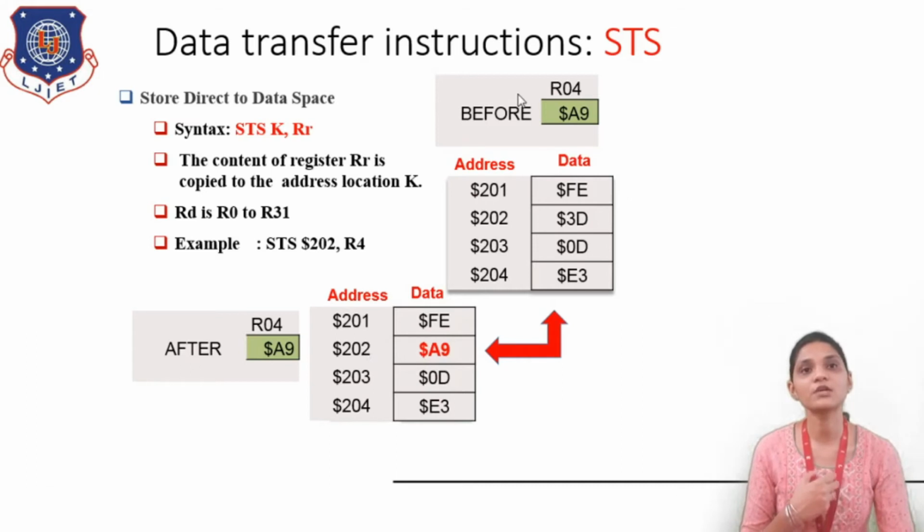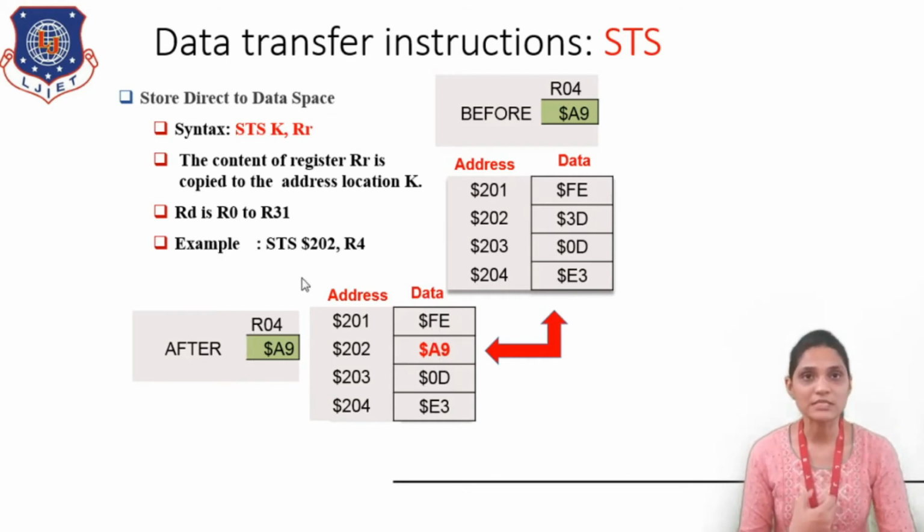If the content of register R4 is A9, then after the execution, this portion is before the execution. At that time, at location 202, you have stored something like 3D. But after the execution of this instruction, that content is overwritten by A9. Whatever you have stored inside the register R4 will overwrite that data.